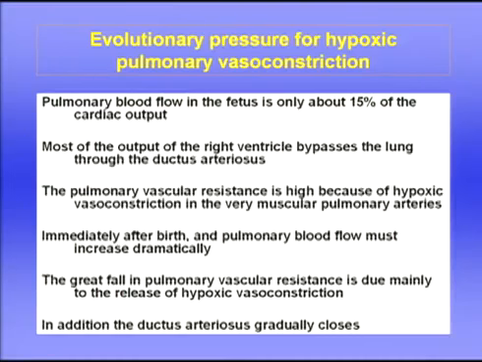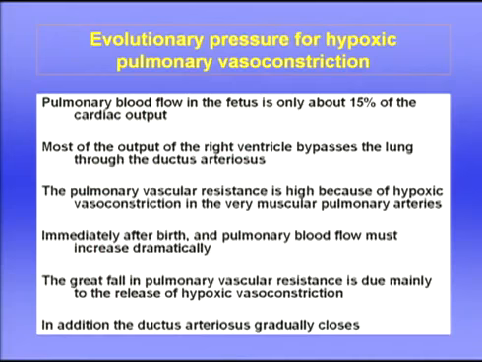It turns out that the pulmonary blood flow in the fetus is only about 15% of the cardiac output. Why? Because, of course, the lung is not responsible for gas exchange. Gas exchange is occurring through the placenta. The only reason for giving blood to the lung is for nutrition and growth and so on. So it only needs about 15% of the cardiac output.